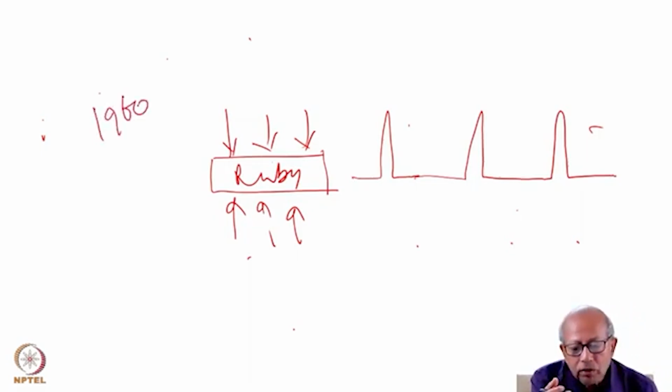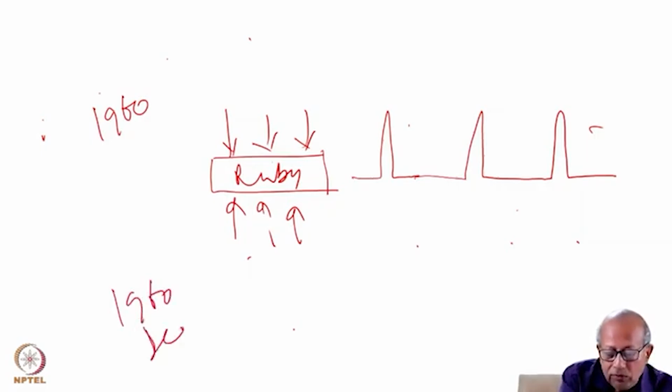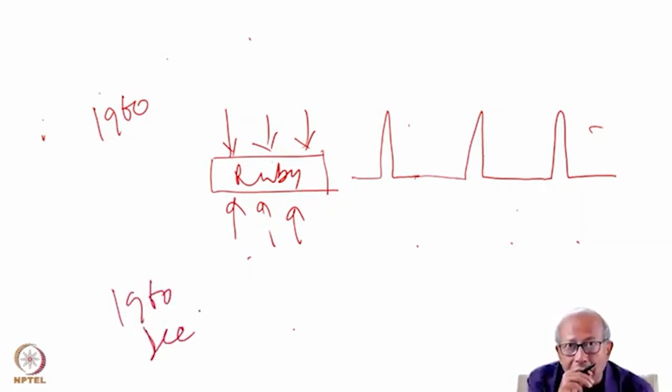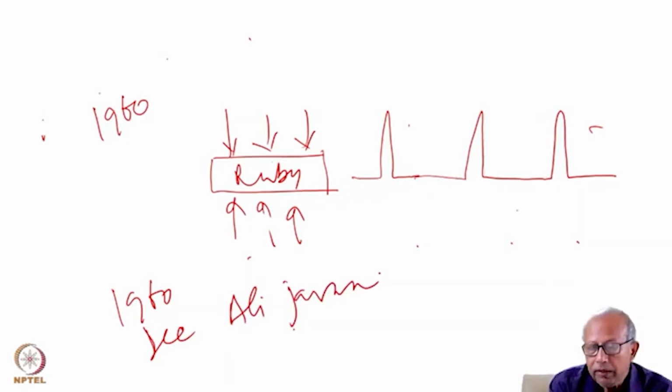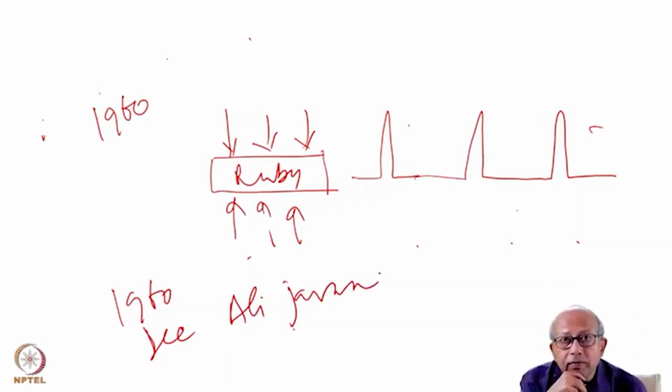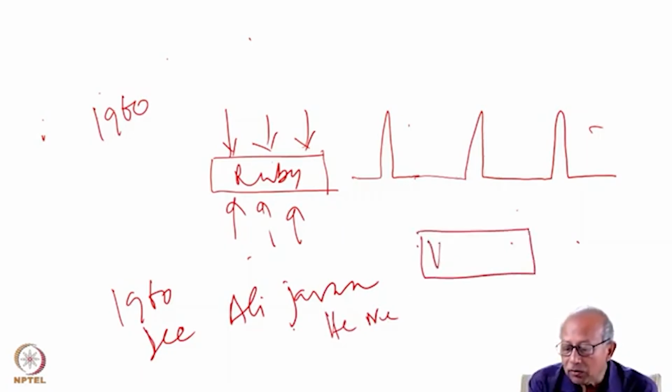And not long after, in the winter of the same year, 1960, I think December 1960 to be exact, Ali Javan, an Iranian American scientist, and his co-workers developed the next laser, which was a helium-neon laser that operated in continuous mode.